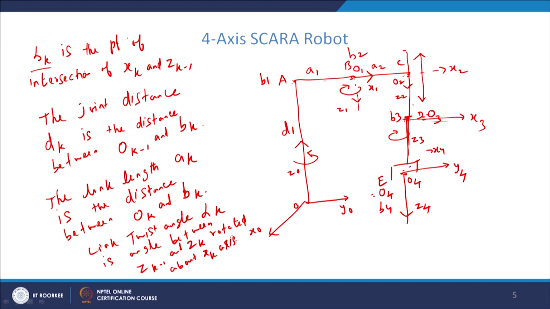So, these are the 4 points we have to note down. This is the first one, the second, the third point, and the twist angle is the fourth point.